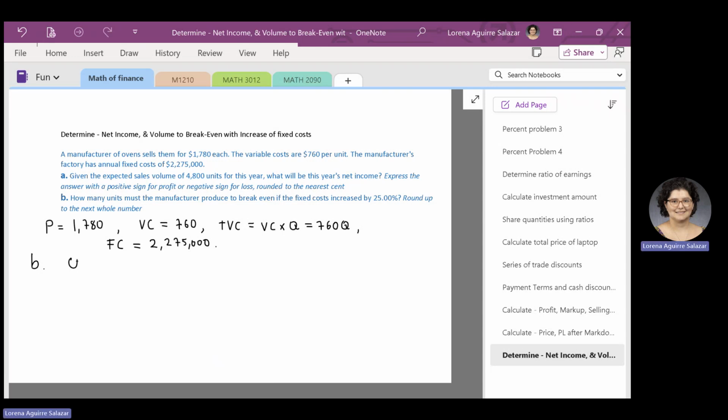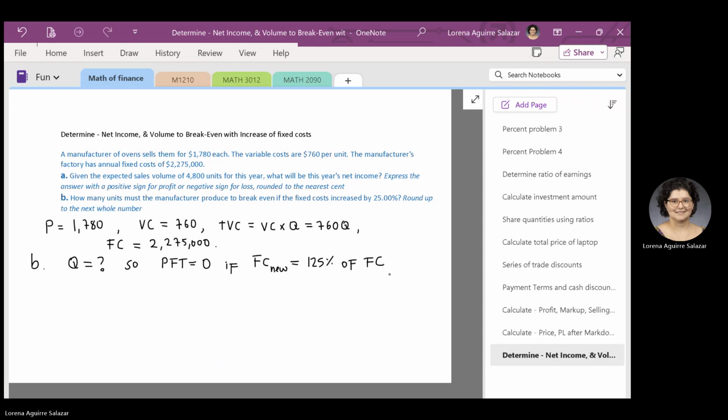I need to know the number of units, break even, so profit will be 0, no profit, no loss, if the fixed costs are increased by 25%. So the new fixed costs correspond to 125% of the fixed costs we had originally.